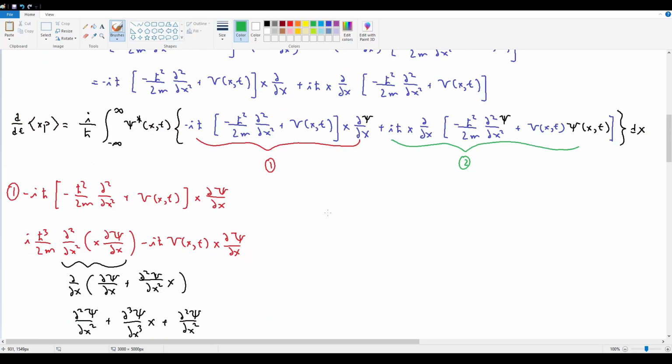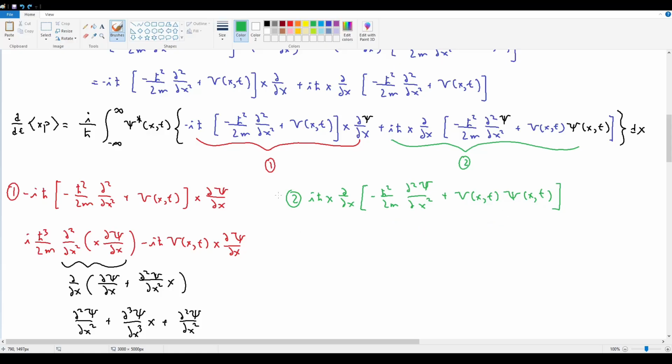I think I'll do it to the right here. Okay, so we have i h bar x d by dx of negative h bar squared over 2m d2 psi by dx squared plus v of x comma t times psi of x comma t. Okay, so this expression is going into both of these, right?